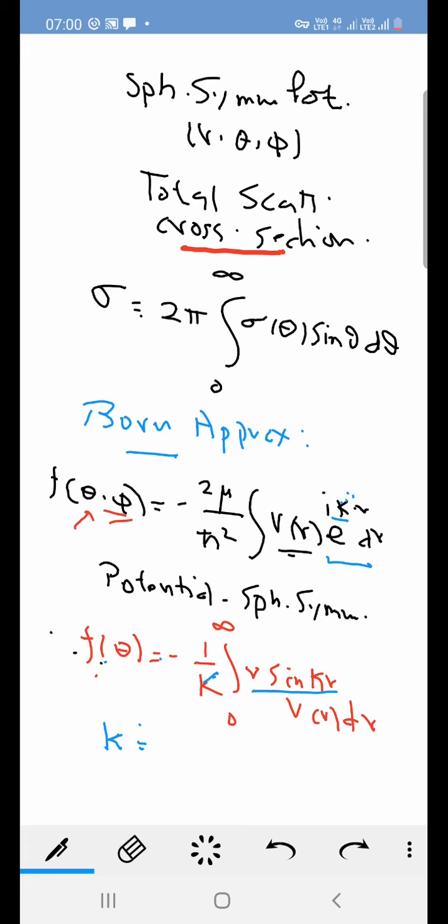This capital K is related to the small k as 2 k sine theta by 2, where this k is the propagation constant, not the capital one.